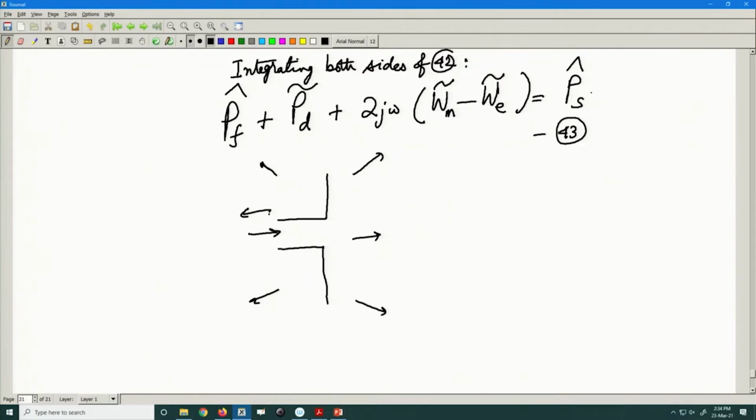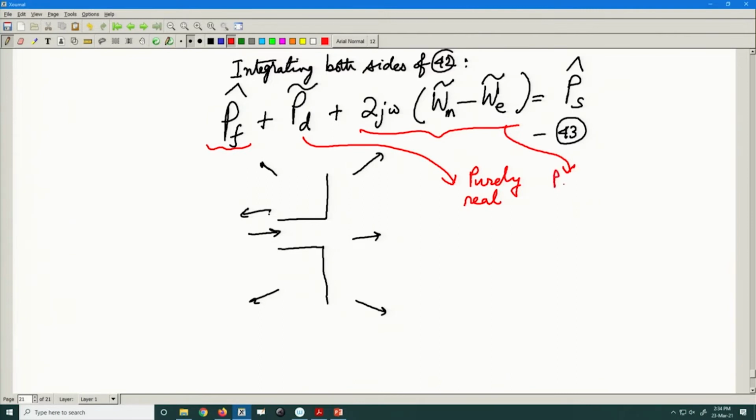So, the power supplied by the sources is being broken up into this term and this term. Note that this term is purely real. As you can well see, this term is purely imaginary, and the power supplied by the sources will consist of real and imaginary parts.